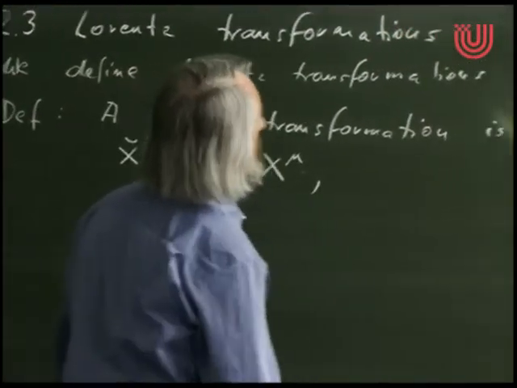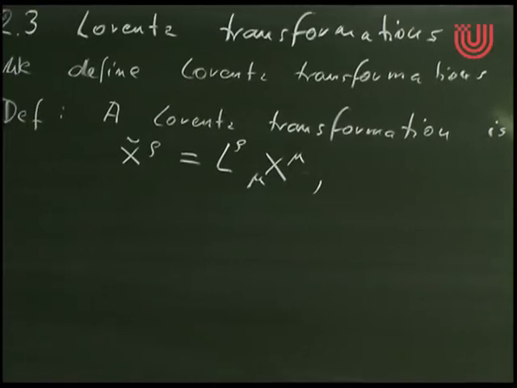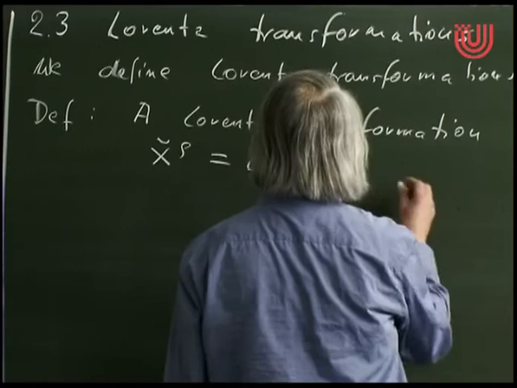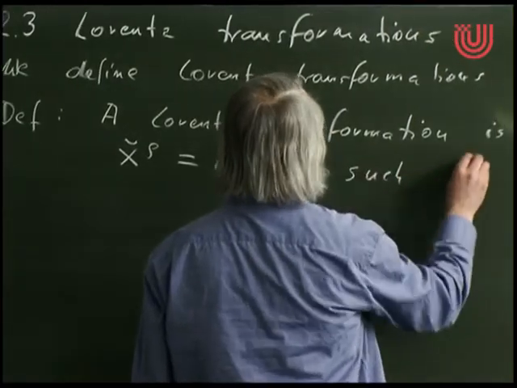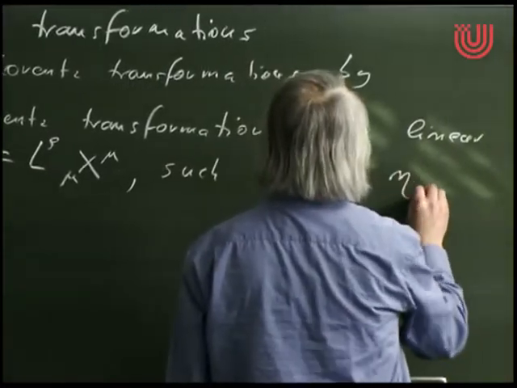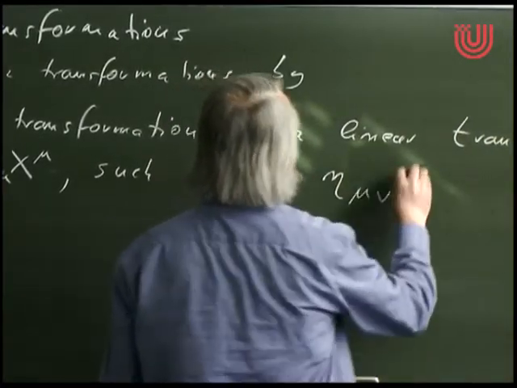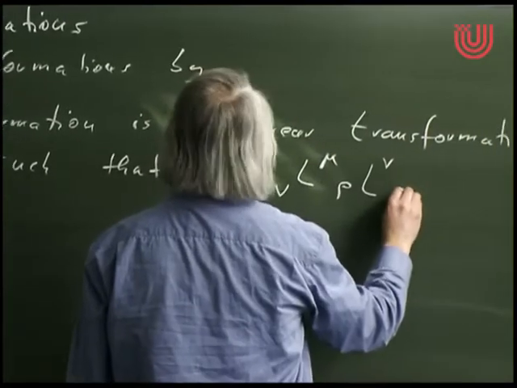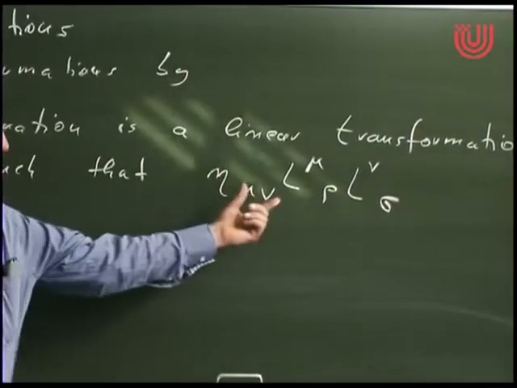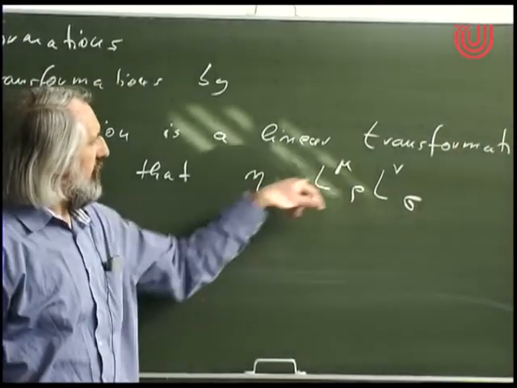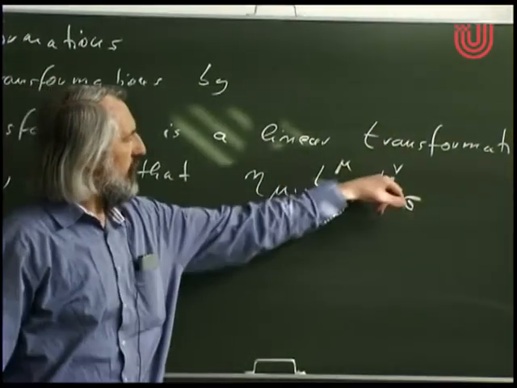And it should, in addition to being linear, satisfy another property: the linear transformation is such that the eta is invariant. So if I do the following, if I multiply the matrix in such a way that once there's a summation over this index and once over this index.